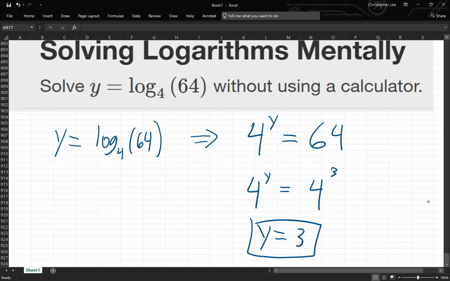Anybody? I guess that's the thing. The root will always be the same, but what would the exponent be?